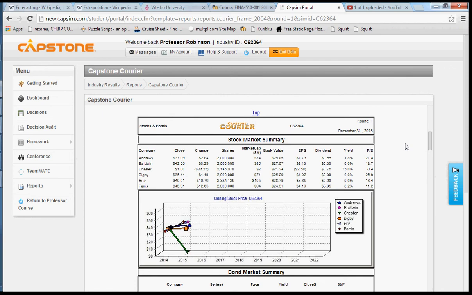The PE ratio is the price earnings ratio. Generally speaking, the higher the stock price, the higher the P, and the higher the earnings, the higher the E. And so the price earnings ratio tends to be high when the valuation of a company is large relative to its current earnings. So what would drive a high valuation relative to current earnings?